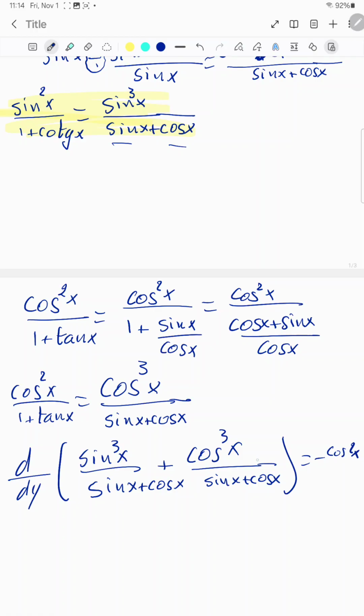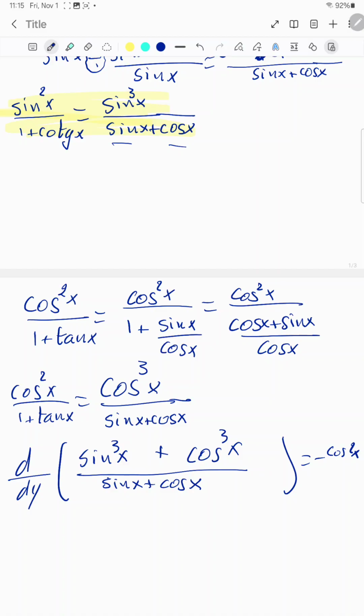I have to prove that. But I realize it's a common denominator here and there, so I can erase one of them and put it as a common denominator. So it becomes plus, and the common denominator is sine of x plus cosine of x.